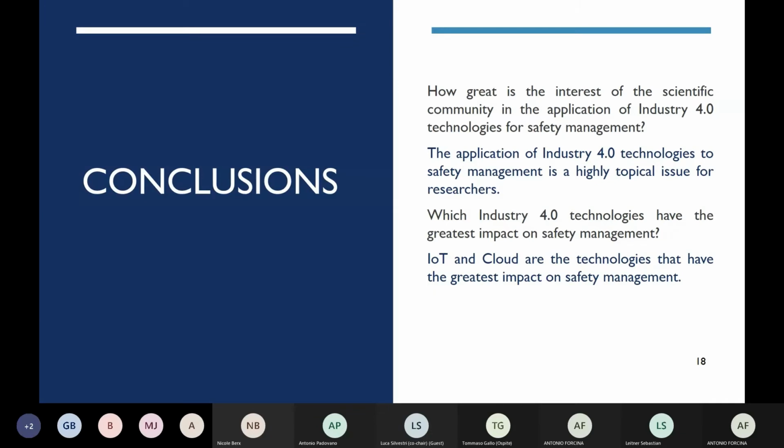In conclusion, to answer the questions of the systematic review, we can say that the application of Industry 4.0 technology for safety management is a highly topical issue for researchers, providing new incentives and research in this area. We can also say that IoT and cloud are the technologies with greatest impact on safety management.